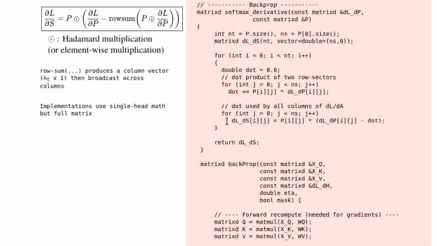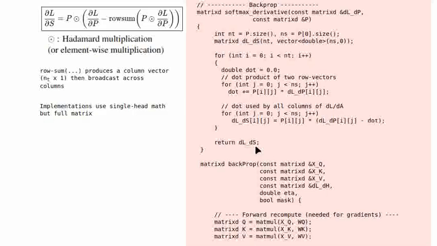So that means dl/ds ij is pij times dl/dp ij minus dot. dl/dp, this guy minus this dot. This dot is this row sum, and we return dl/ds.